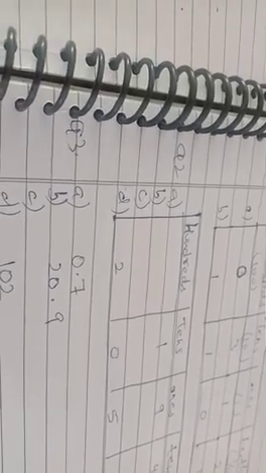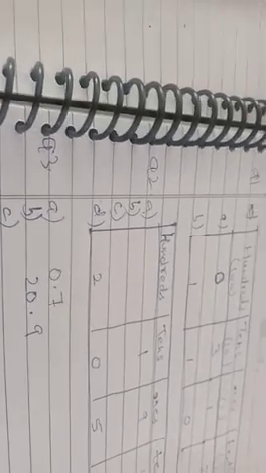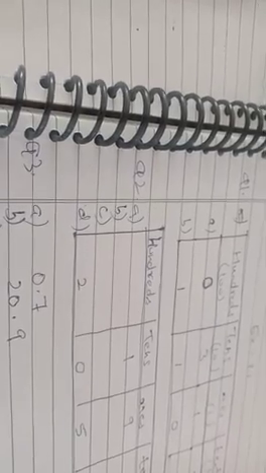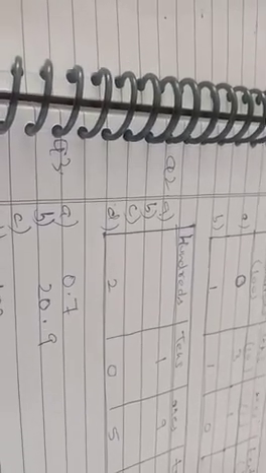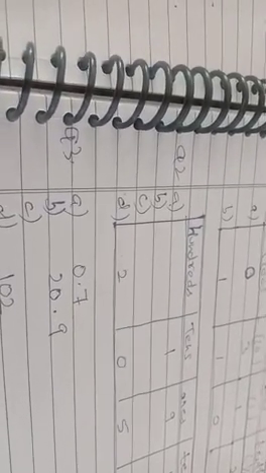Then, coming to the second question, we have to write the following decimals in the place value table. So we have the first part, 19.4. 19.4 means 1 is in tens place, 9 is in ones place, and the number after the decimal will be in tenths place, or we can say 1/10th place.